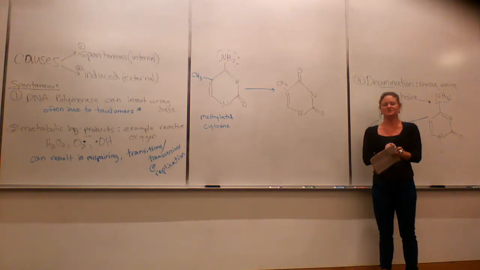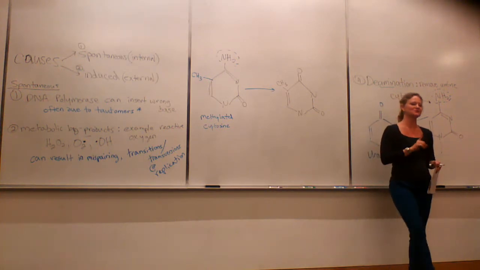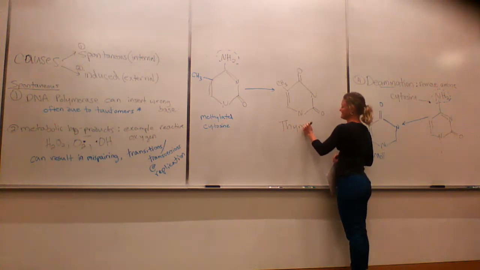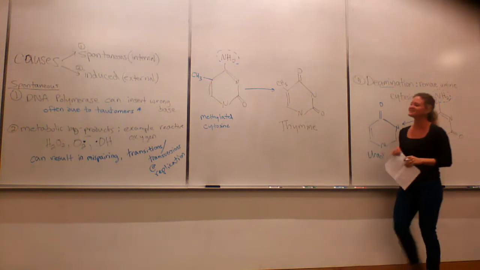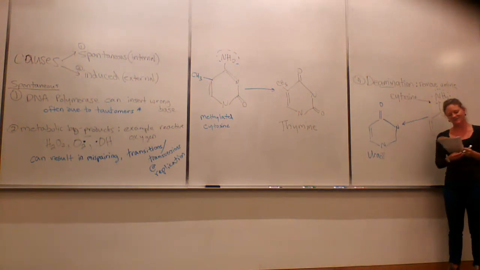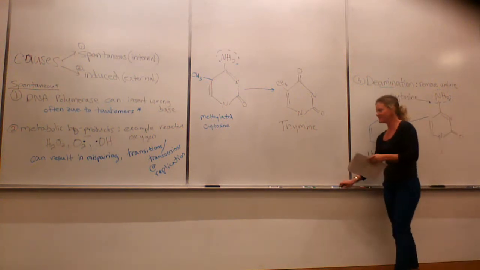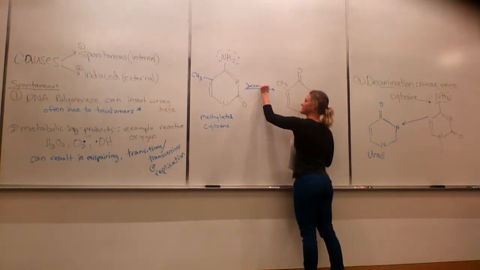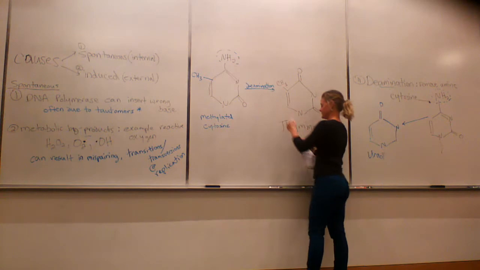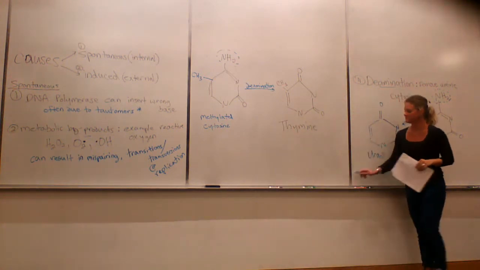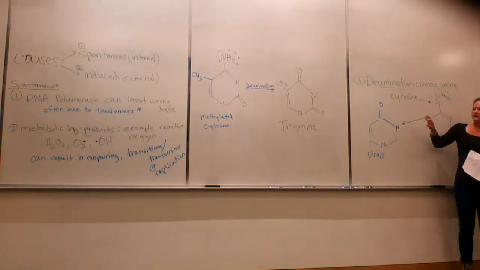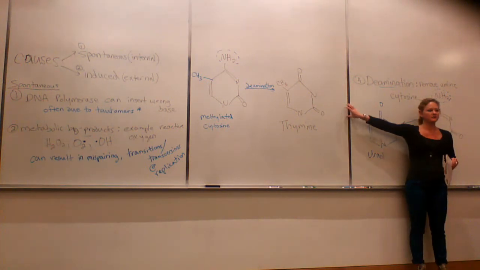I just mentioned there's only one base that doesn't have an amine group. Thymine. So this is thymine. So when deamination of a methylated cytosine occurred, all of a sudden your base looks like T.